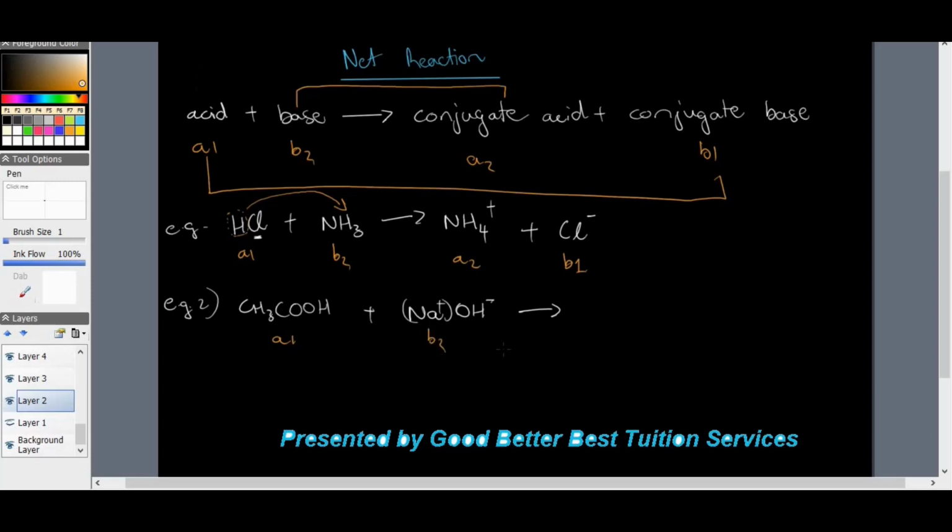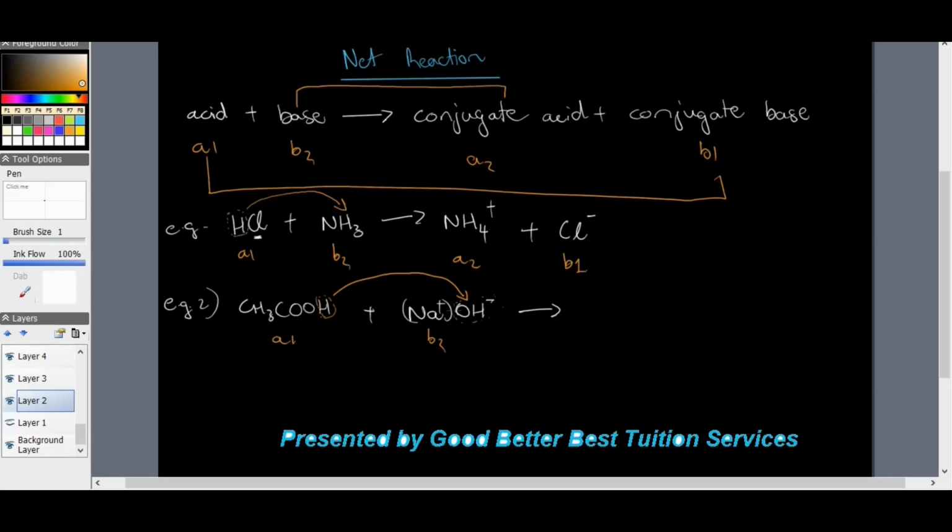So let's understand the process that's going to happen here. We know that acetic acid gives off this hydrogen proton over here. So this hydrogen proton is definitely going to go to sodium hydroxide to bond with the hydroxide.